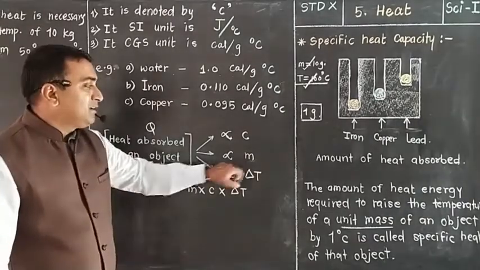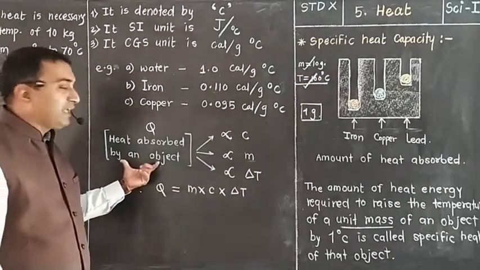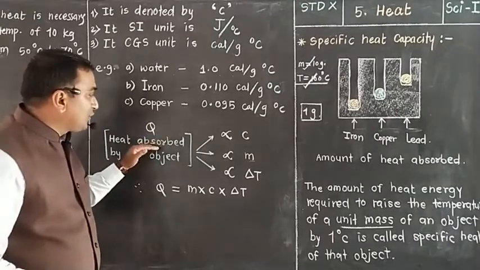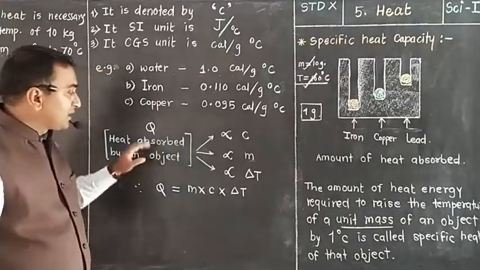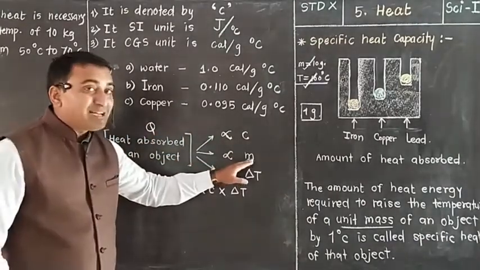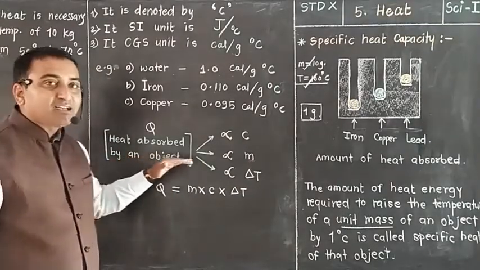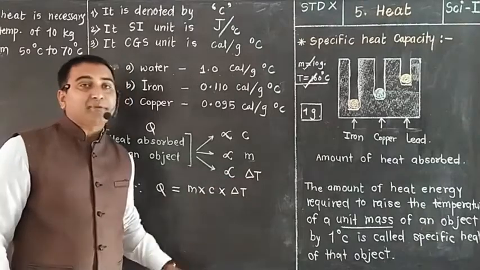That means here mass increases, definitely heat absorption also increases. So it is a direct proportion. So Q is directly proportional to C. Q is directly proportional to the mass of an object. And this heat absorption is directly proportional to the change in temperature.